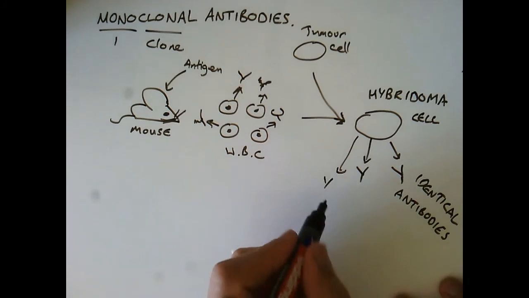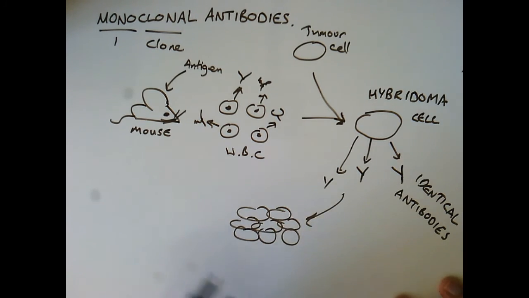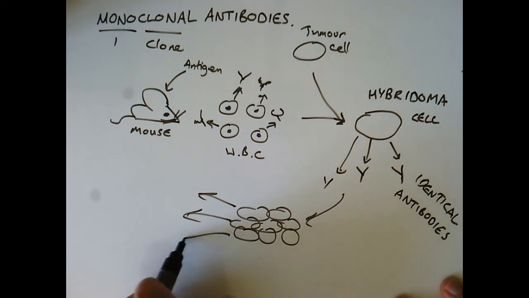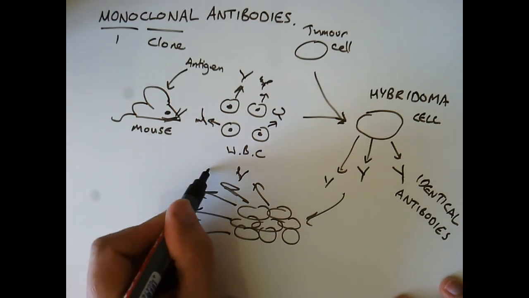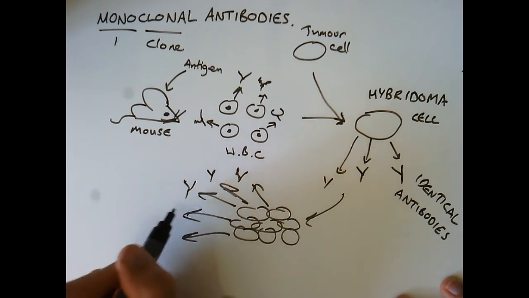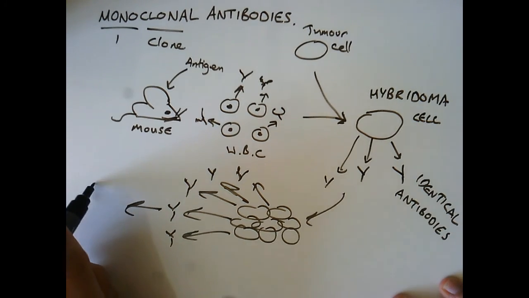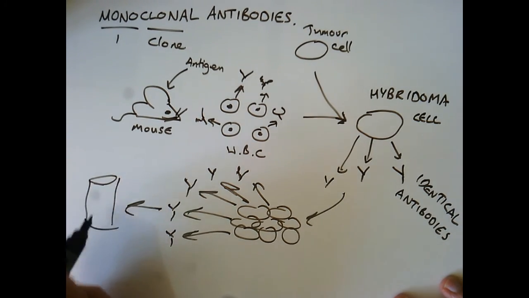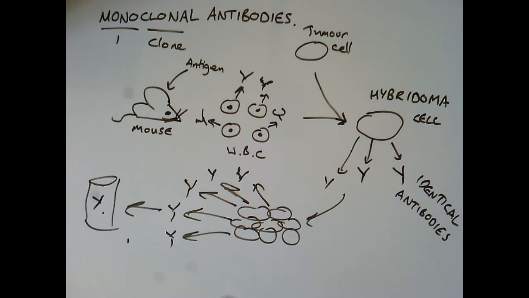So these cells need to divide and divide and divide, and you'll get lots and lots of cells. Here's all my hybridoma cells, and they're going to chuck out lots and lots of antibodies. And then all we have to do is separate them out, and we have our supply. Here we go, let's put it in a jar. Our supply of the antibody that we wanted in essentially infinite amounts.